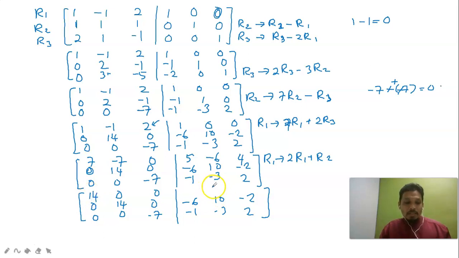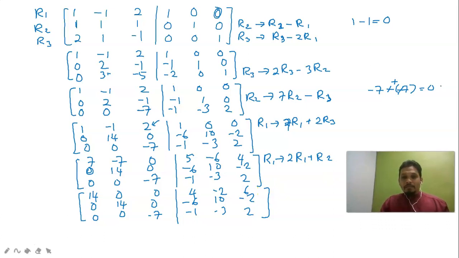Okay, and then 2 times 5 equals 10, plus negative 6, 10 minus 6 equals 4, then 2 times negative 6, negative 12, plus 10, negative 2, and also 2 times 4 equals 8, plus negative 2, 6.